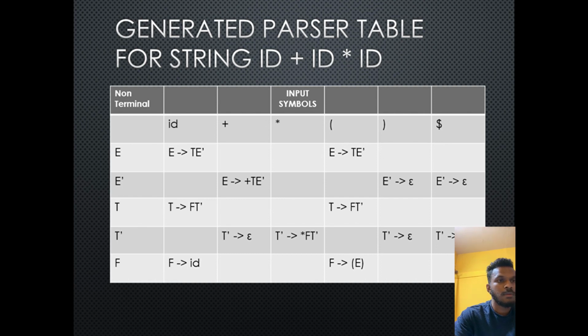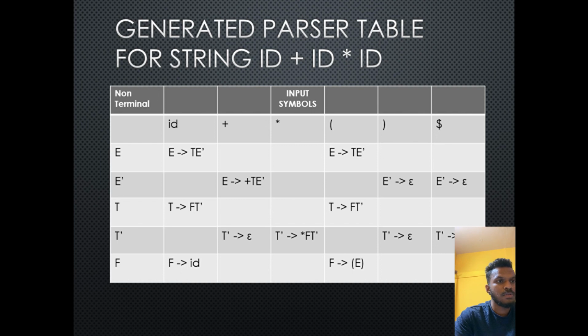If we look at the first row, this is E, so it matches E → T E', since FIRST(E) is id and the open parenthesis, so E → T E' is placed in both. FIRST(E') is only plus and epsilon, so E' → + T E' goes under plus, and E' → ε goes under the others.